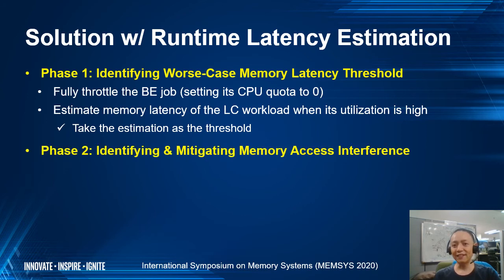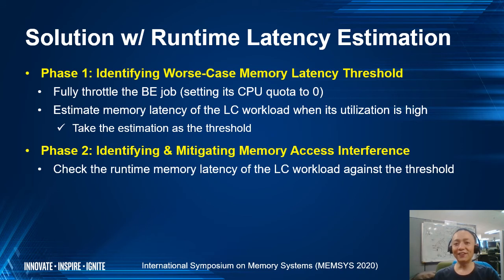In the second phase, we allow the best effort job to run by identifying and mitigating memory access interference. During running, we repeatedly check the runtime memory latency of the latency critical workload against the threshold.